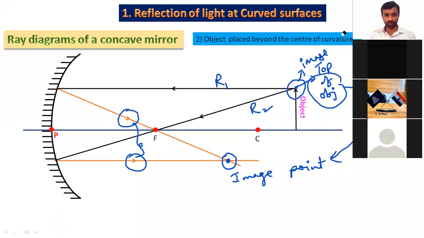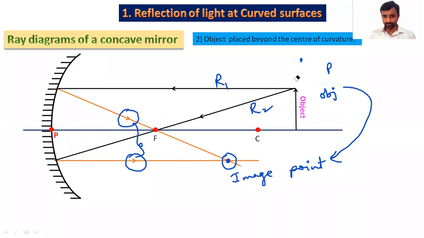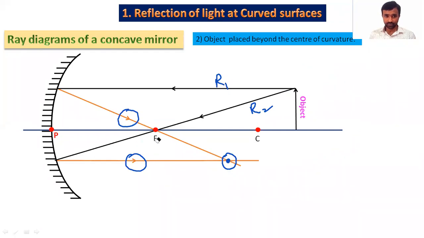Right. So you are clear. Right. So reflected light rays are going to converge. So when the actual meeting point of reflected light rays is observed, what type of image you will get? Real. By the actual converging point, real image, right?